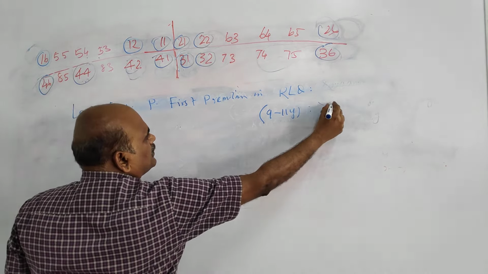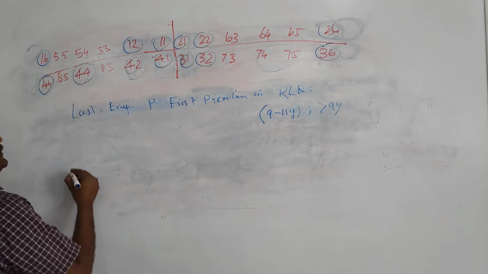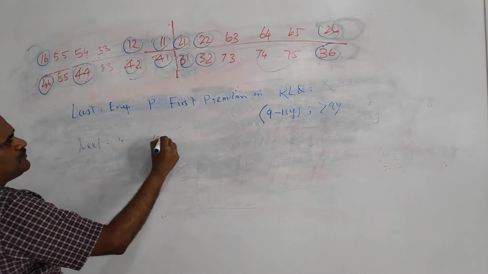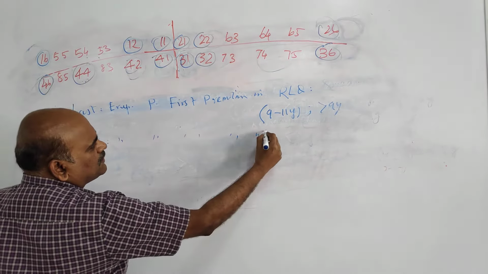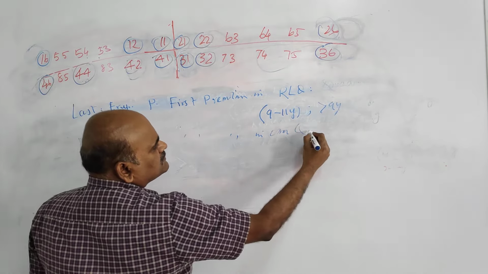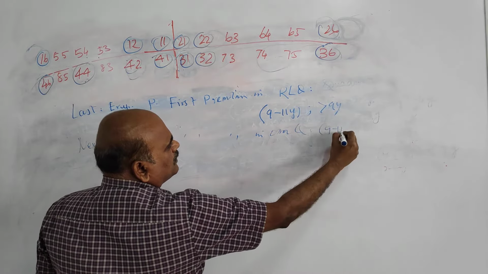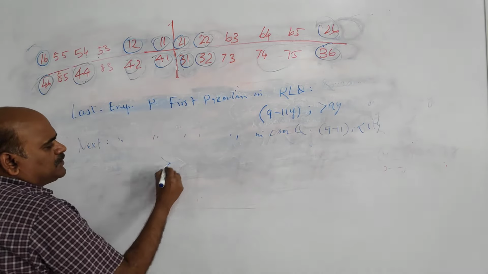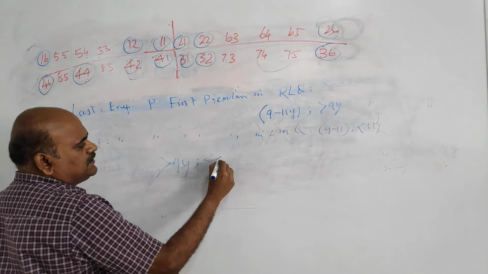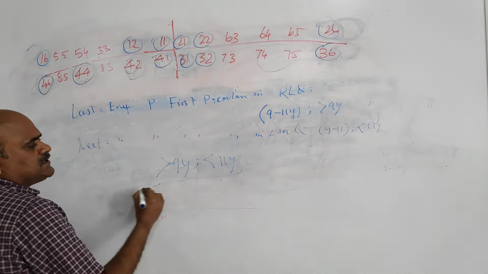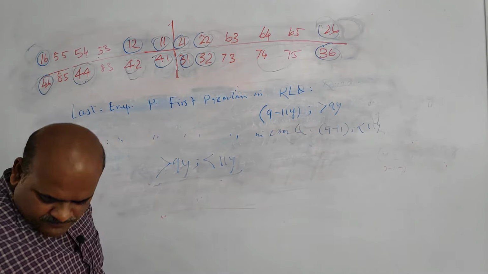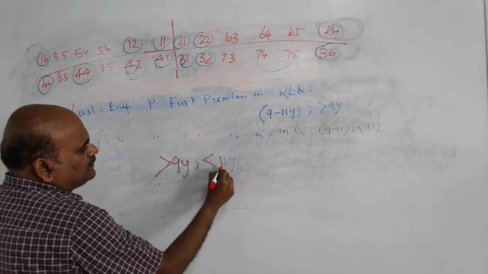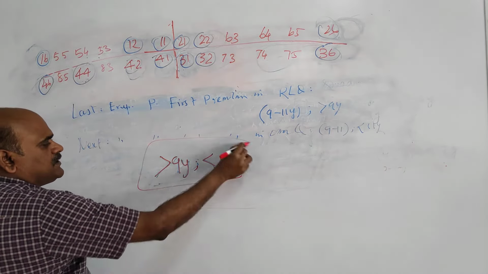So age is more than 9 years. Next is yet to occur: eruption of permanent first premolars in the other quadrants. So again age is 9 to 11, since it is not erupted, less than 11 years. So age is more than 9 years, less than 11 years. That is the age for this.